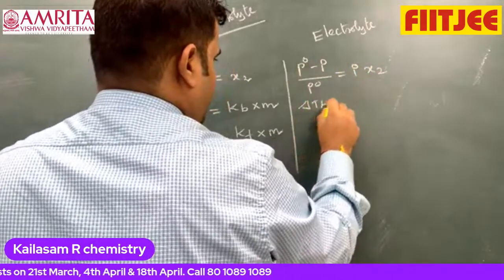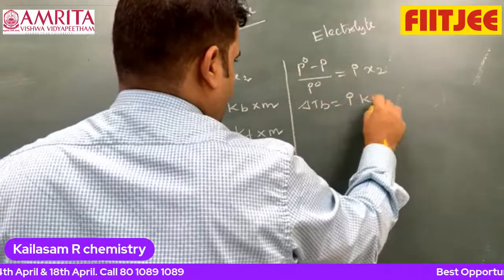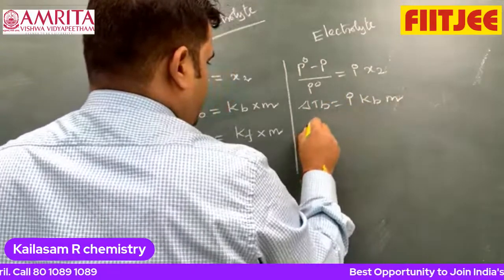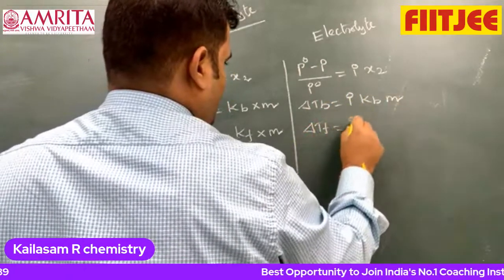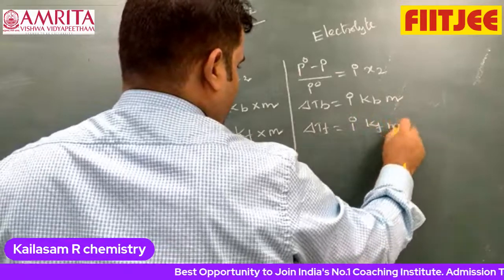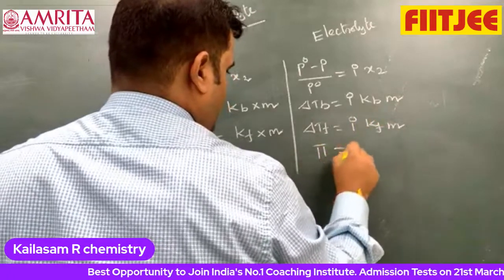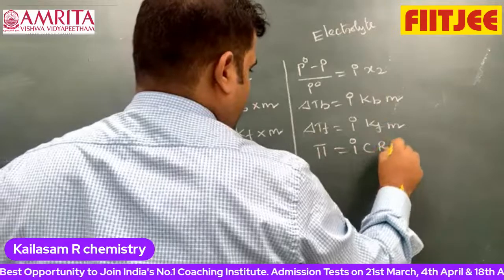Delta Tb is equal to i into Kb into m. Delta Tf is equal to i into Kf into m. And pi is equal to i CRT.